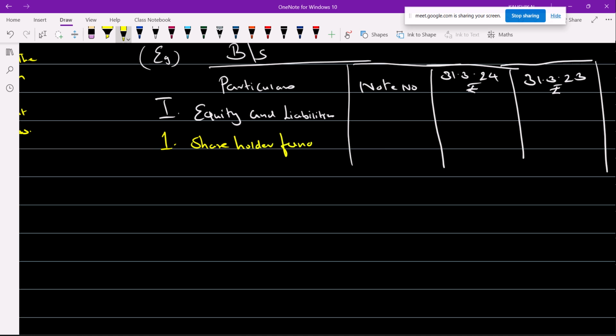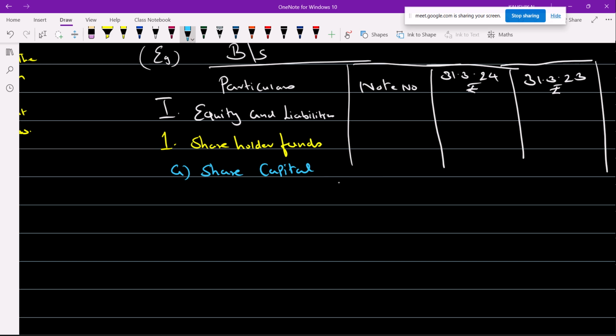The one which I am writing in yellow is your major head, and the one which I write using blue color will be your subhead. Under shareholder funds, you will come across something called share capital. Am I right?